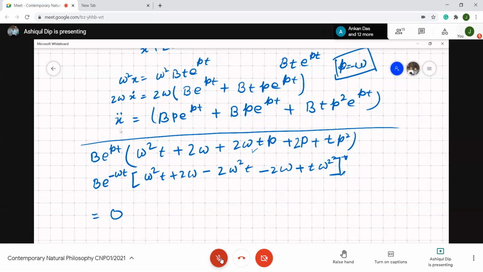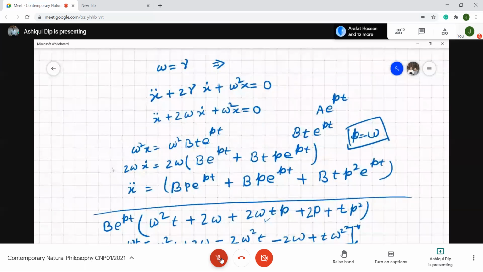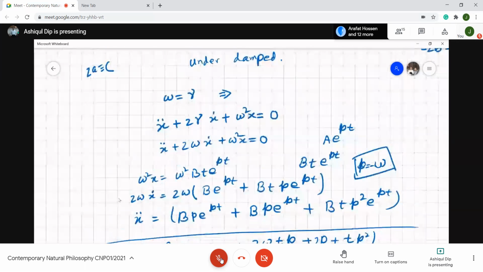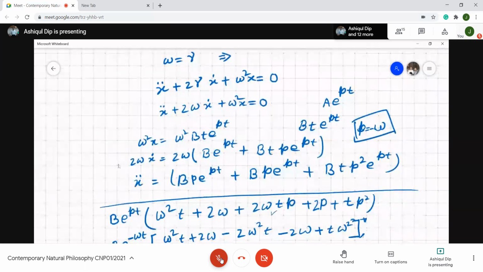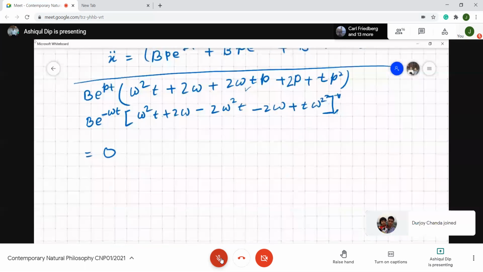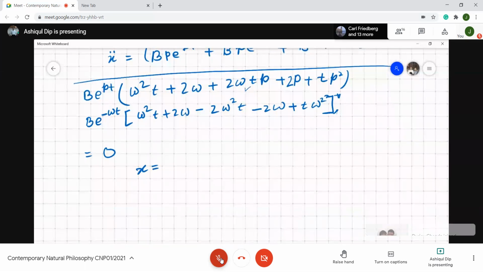Okay. So we have found our second solution. That is bt e to the power pt structure, where p equals negative gamma. So one solution is, from the previous part, you can check it, x equals a e to the power negative gamma t.